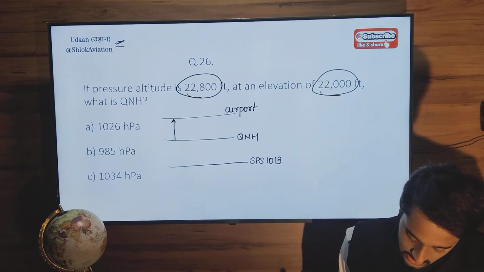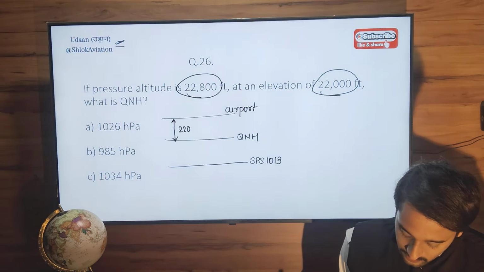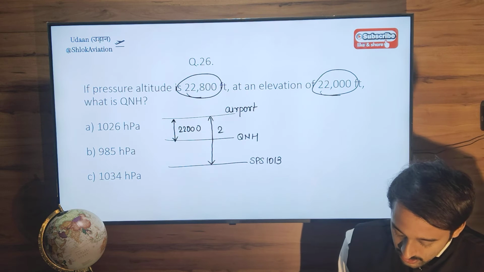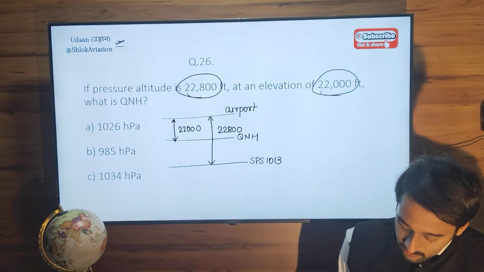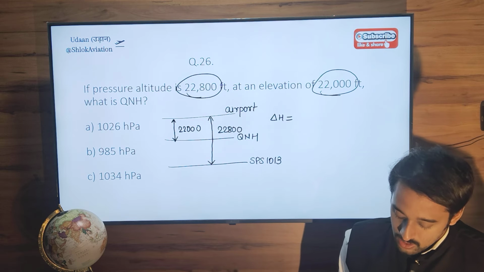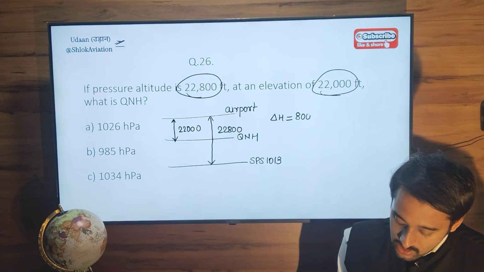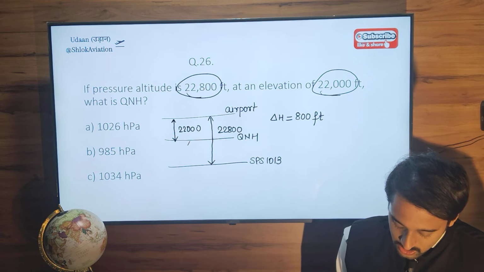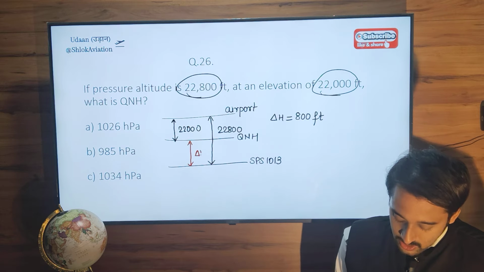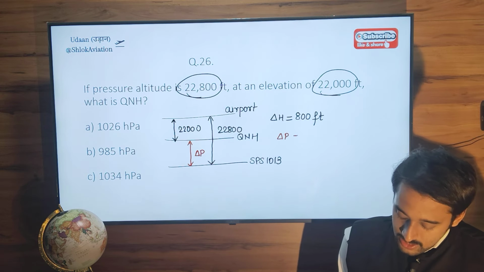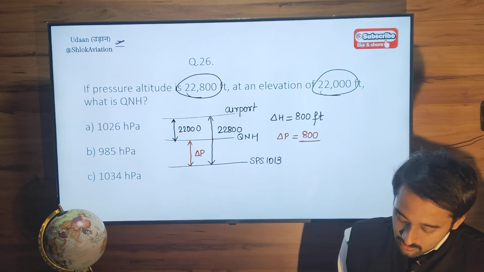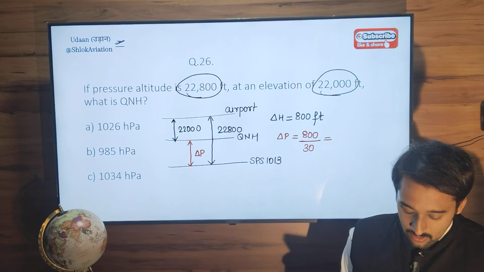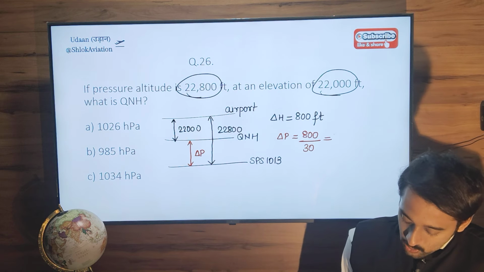So elevation is 22,000 and pressure altitude is 22,800. So the height difference between them is how much? 800 feet. So 800 feet height difference will give you a pressure difference of how much? 800 divided by 30, which is 27.